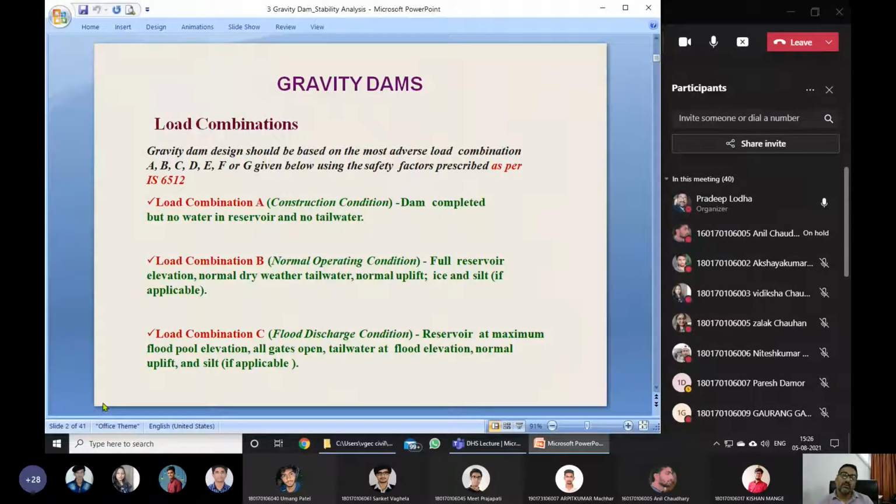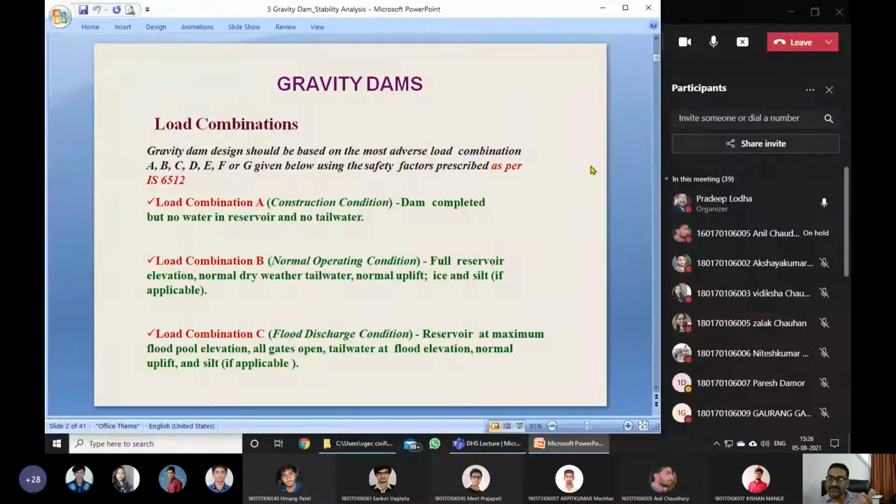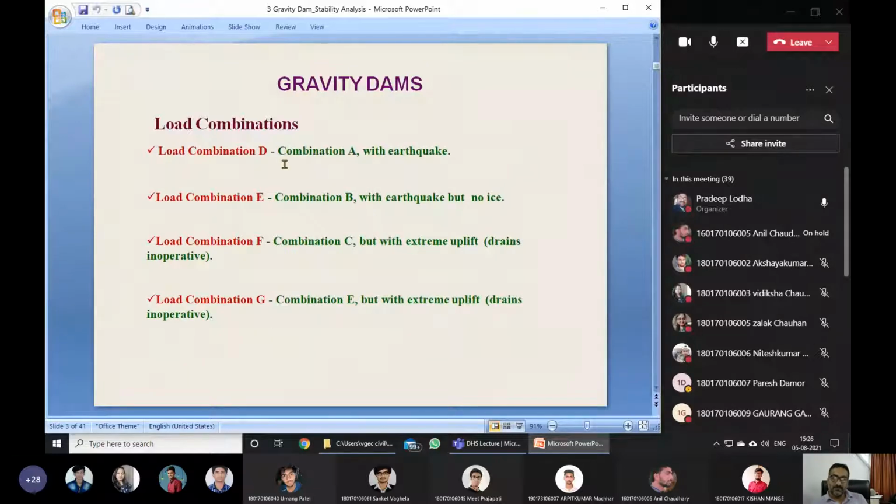Now these three combinations are added with certain additional top-ups. So look at these A, B, C, D, E, F, G. In total there are 7 conditions given by the IS code, but 3 basic conditions. What is the fourth? Load combination A during the construction stage, but with earthquake. We calculate this also.